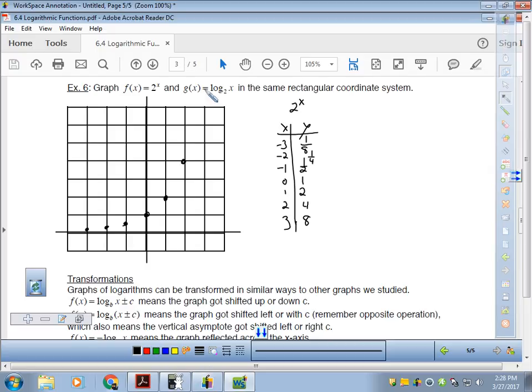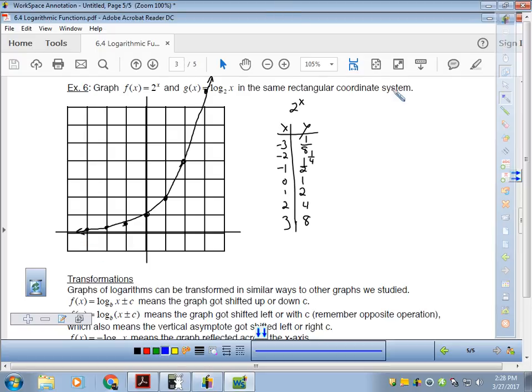And then 8 would be just a little bit off the graph. Okay, so that would be our graph of this function.